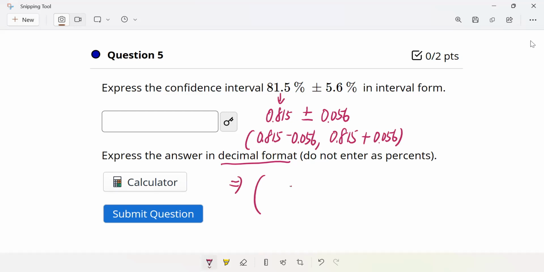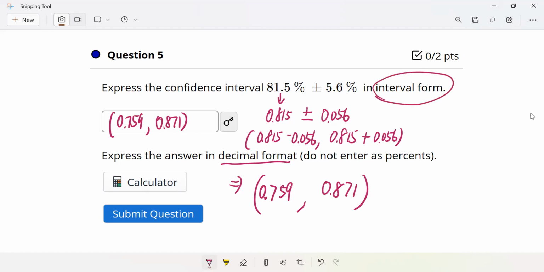We're going to get the following form. 0.815 minus 0.056 is 0.759. And then on the right-hand side, when you add them, you get 0.871. That's what they want: 0.759 on the left, 0.871 on the right. This is what they call the interval form.